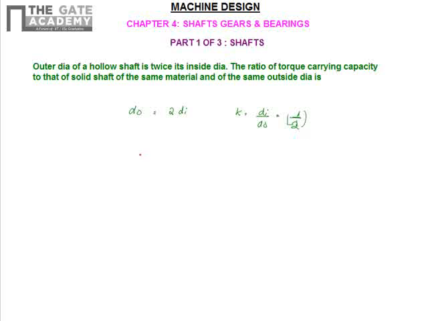And what is the torque carrying capacity? We know that the shear stress is given as 16T by pi d cube for the solid shaft, and for the hollow shaft is given as 16 T hollow by pi Do cube into (1 minus k raised to 4). Now we are given that both are made of the same material.